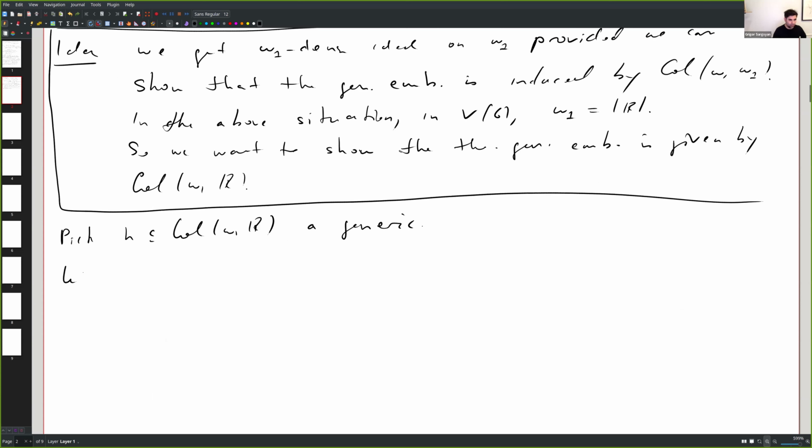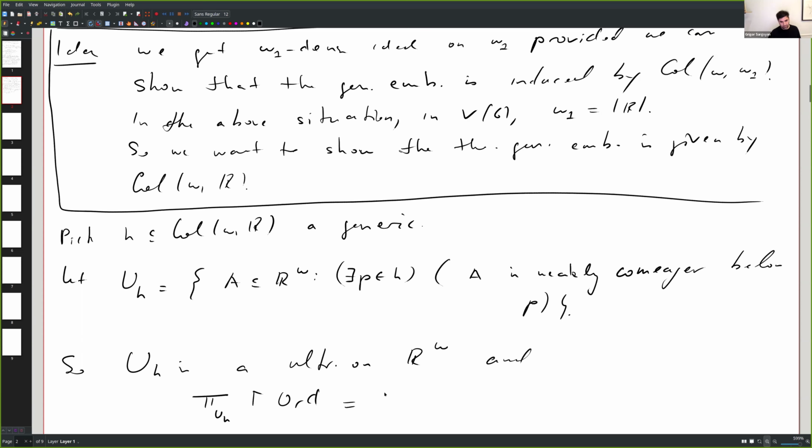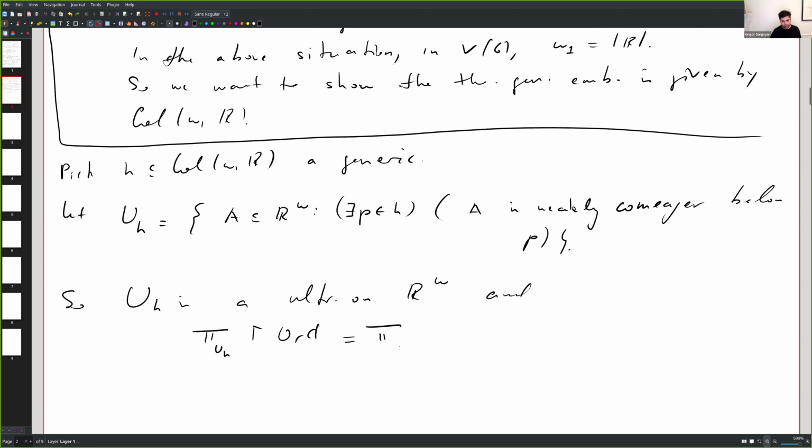We let U_H be the set of all A in R to the omega such that there exists P in H and A is weakly omega below P. We look at this, and what we showed is that U_H is an ultrafilter on R to the omega, and if I do pi_{U_H} restricted to ordinals, this will be the same as pi_mu restricted to ordinals. That's what we proved.